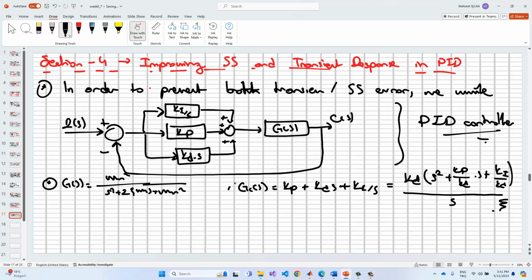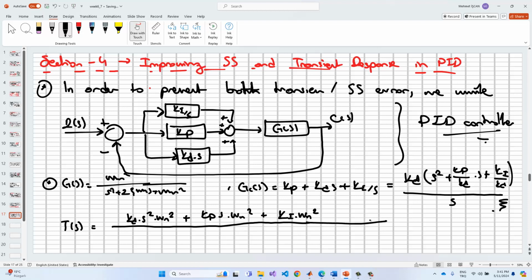Okay, so the transfer function, in summary, we have this kind of transfer function: KD S square omega n square plus KP S omega n square plus KI times omega n square. Okay, and also S cubed plus KD omega n square plus zeta omega n 2 times S square plus KP times omega n square plus omega n square S and KI omega n square.